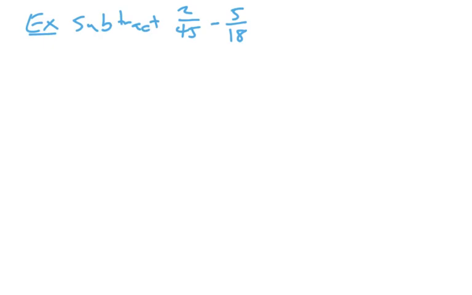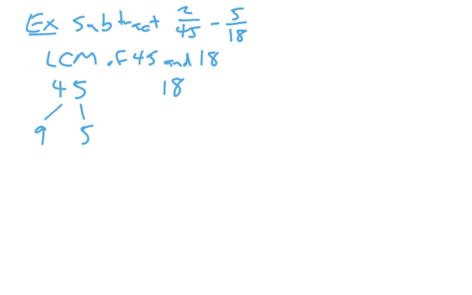So we obviously don't have the same denominator, so we're going to have to calculate the least common multiple of the 45 and the 18. We start by looking at the 45 and the 18 and factoring them. 45 factors as 9 times 5. 9 is not a prime number, it factors again, 3 times 3.